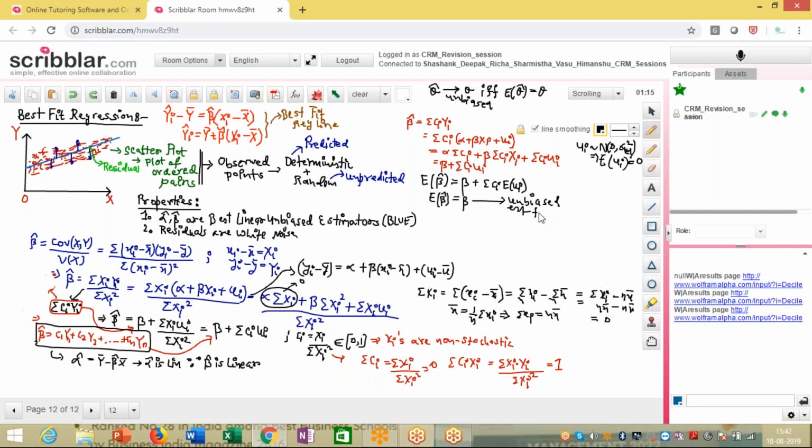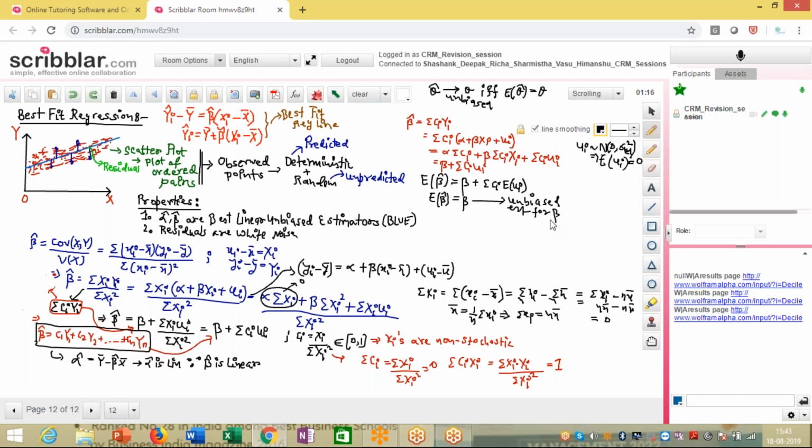Now observe over here that what we have computed is a mean, or an expectation, of beta hat for beta. So beta hat no more remains just an estimator. It has now become a statistic because it has a distribution associated with it.